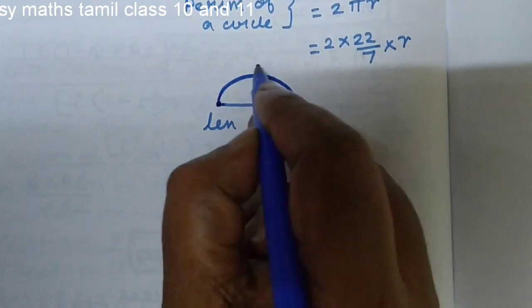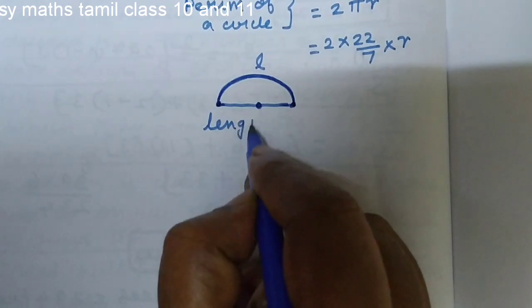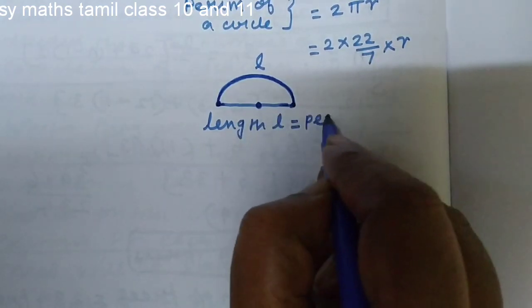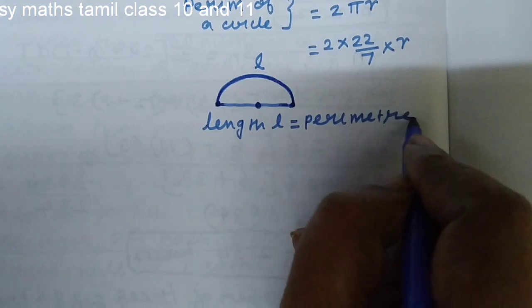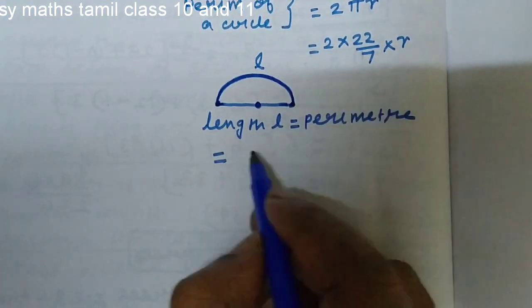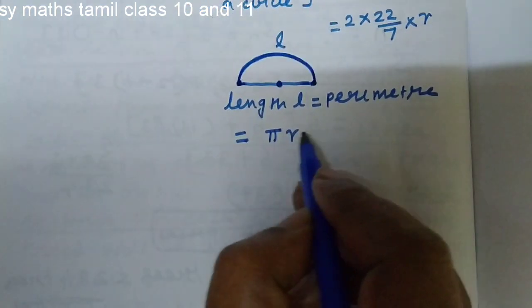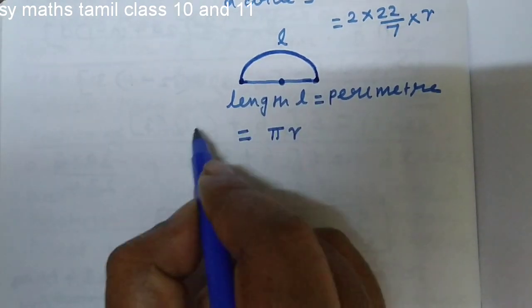So how to calculate the length from here to here? Calculate the length L. Length L equals the perimeter. So pi into r is the perimeter of this semicircle.